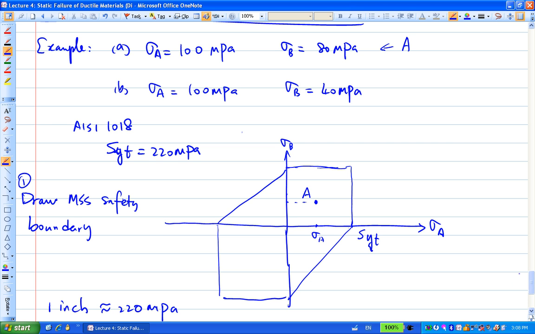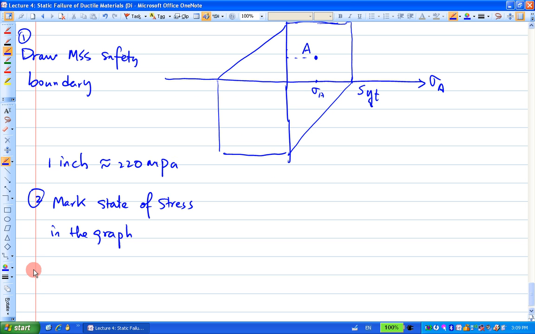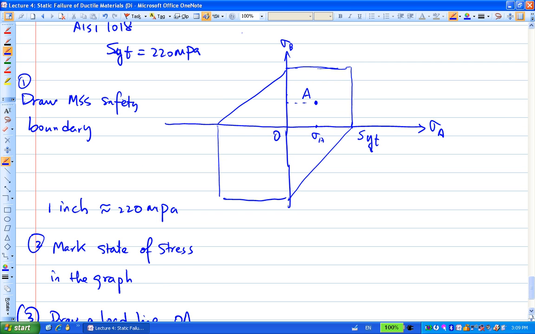Once you've done these two steps, the third step is you draw a load line. You draw a load line by connecting OA. O is the origin of this coordinate system, so this is O here.